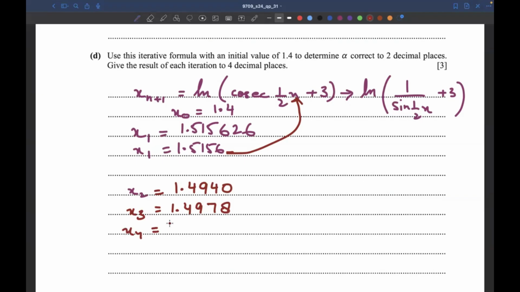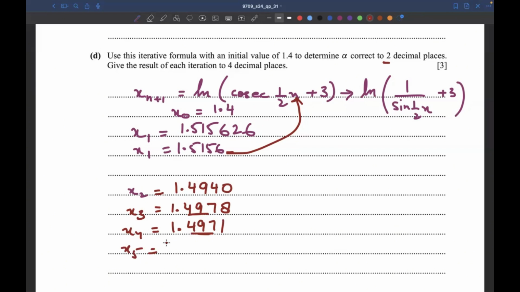Then substituting this into the equation again, ln of answer, we are getting 1.4971. Now we are getting our answer correct to three decimal places consistently. Let's do it just one more time.